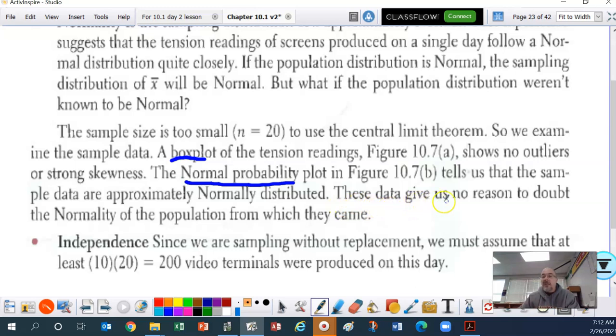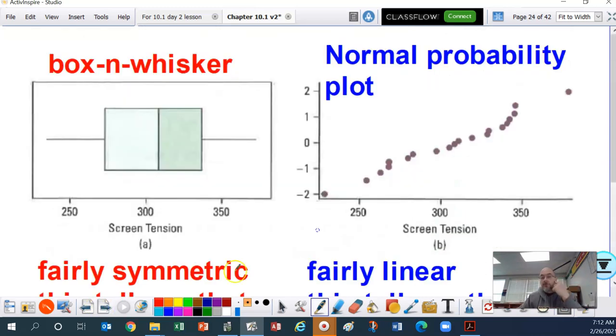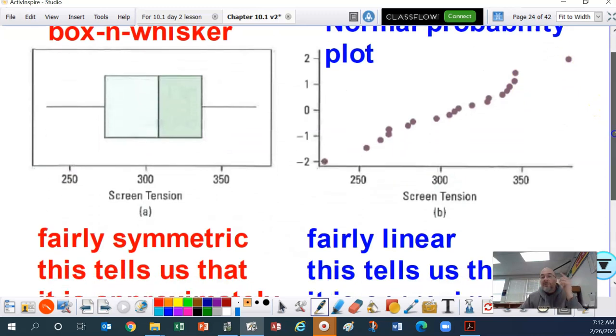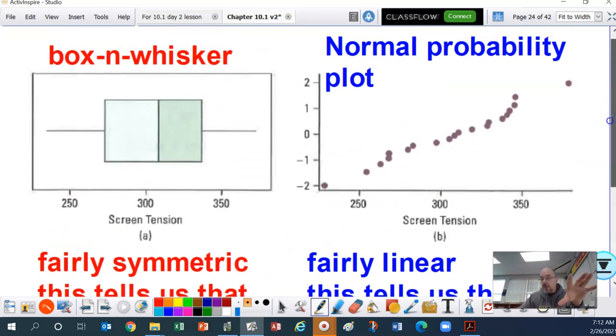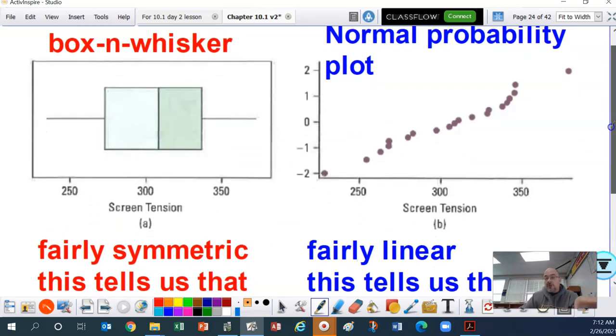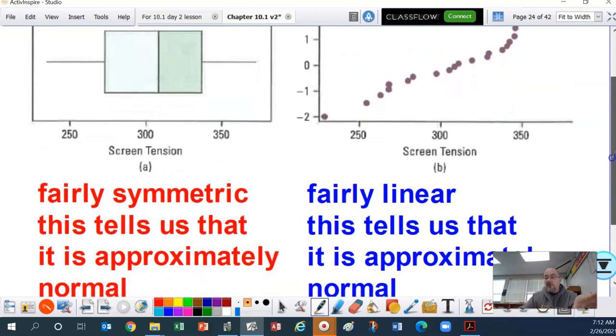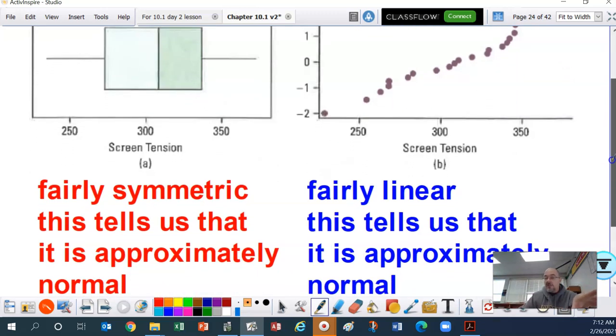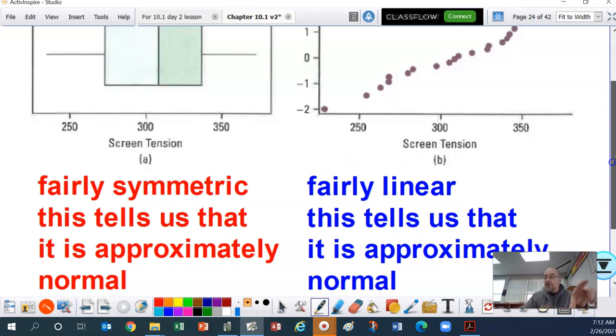These data give us no reason to doubt the normality of the population from which they came. So here is the normality piece. You would have to pick one or the other. In the box and whisker plot, you can see that it's fairly symmetric. This tells us that the sampling distribution is approximately normal.